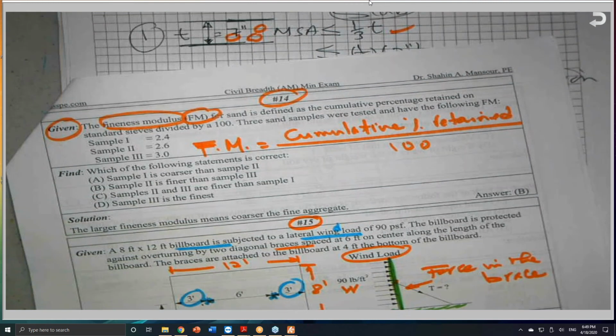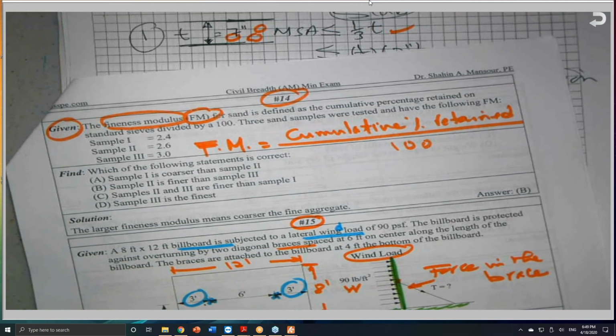If I remember correctly, there is a problem in my book at the beginning of the chapter talking about the fineness modulus for sand.